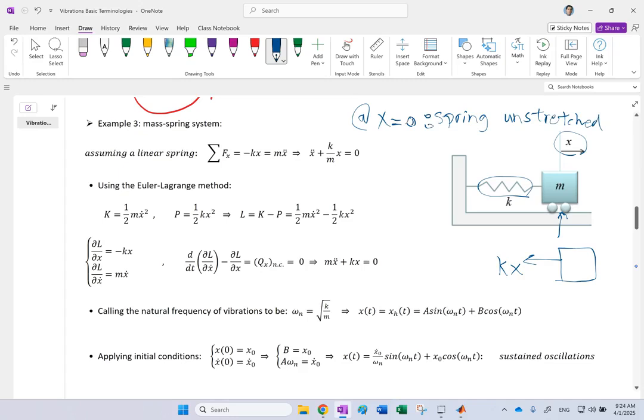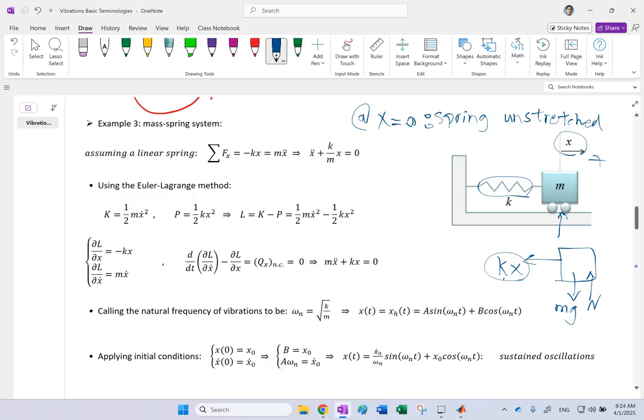When x is not 0, then x is the elongation of the spring, so it is applying a force kx in the opposite direction. You know, when you pull a spring, it is going to pull back. And you also have mg and N. Again, there is no kinetic friction. Now in the x direction, the only force acting is kx in the negative x direction, right? Because positive x is to the right, this force is to the left.